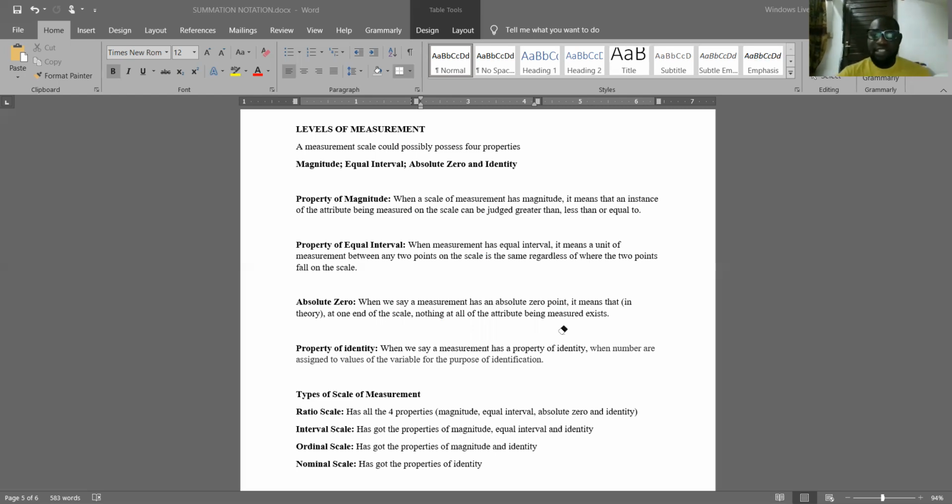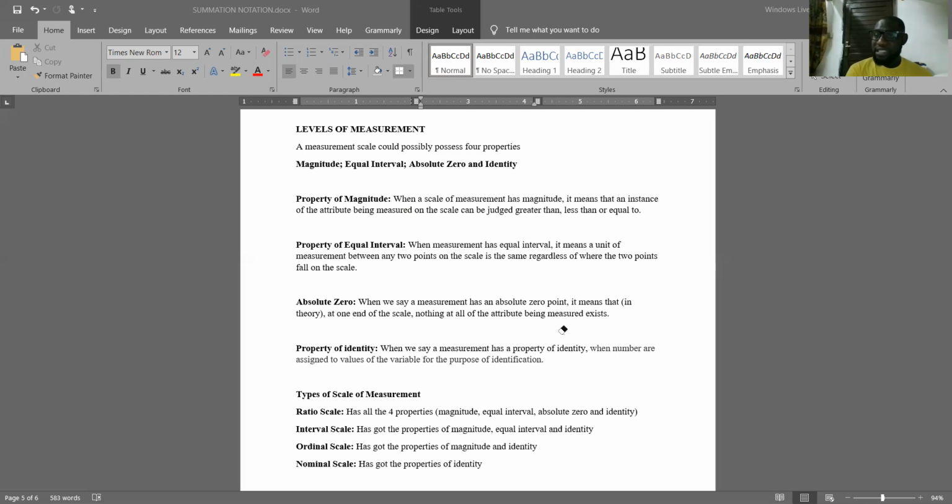A typical example is sex: male, female. Under male, female, we can assign 1 for male and 2 for female. Assigning 1 and 2 doesn't necessarily mean that, since female's number is 2, females are higher than males. No, it is just for identification.